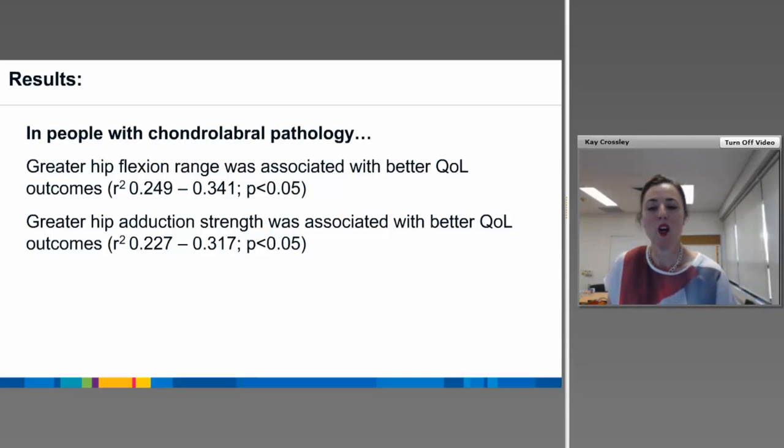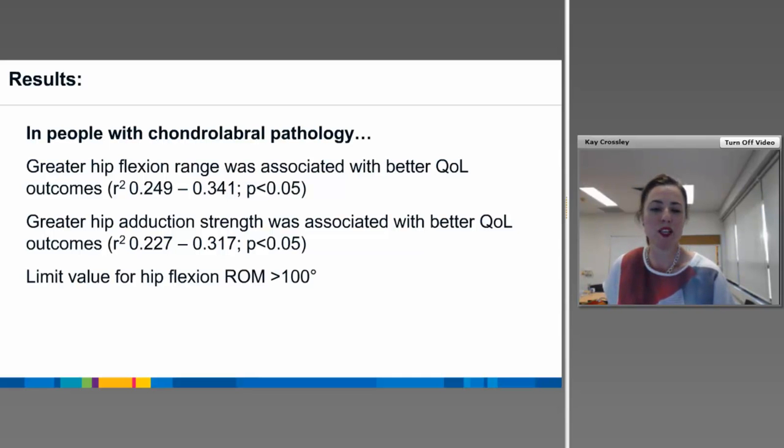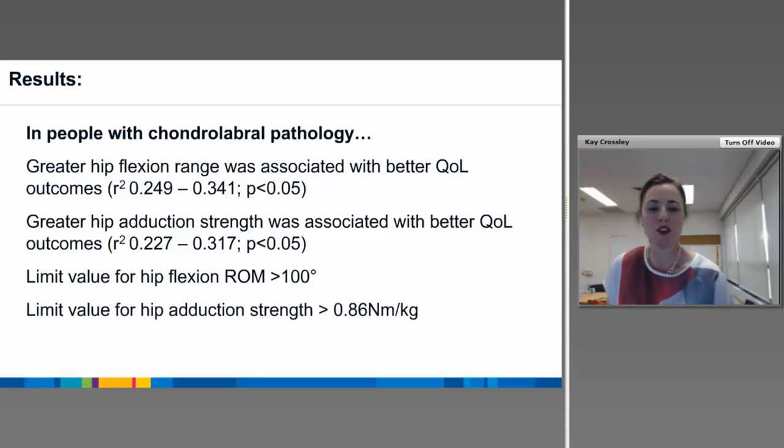We also found that having greater hip adduction strength was associated with better quality of life outcomes. We were able to calculate the limit value for hip flexion range of motion, where flexion range of motion above 100 degrees was associated with a good quality of life outcome. And similarly for hip adduction strength, greater than 0.86 Newton meters per kilogram was associated with a good quality of life outcome.